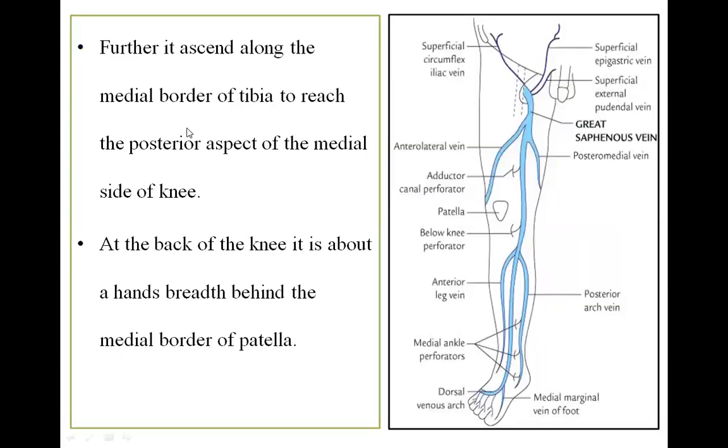Further, it ascends along the medial border of the tibia to reach the posterior aspect of the medial side of the knee. At the back of the knee, it is about a hand's breadth behind the medial border of the patella. Here is the patella, and it is a hand's breadth behind its medial border.